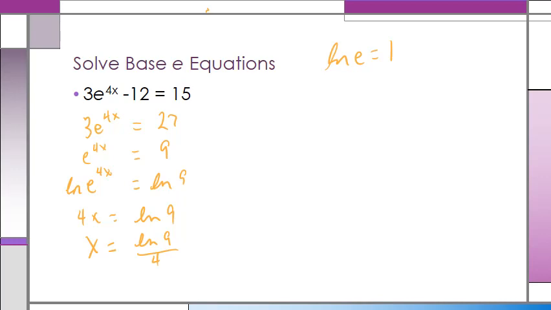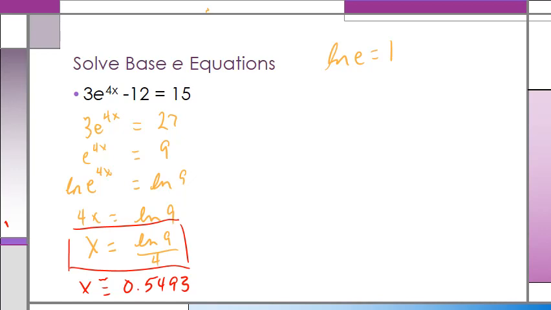So make note of this. Once I put it in the calculator, I'm going to find that x is approximately equal to, and I think we're being asked to round this to the nearest 10,000th, 0.5493.